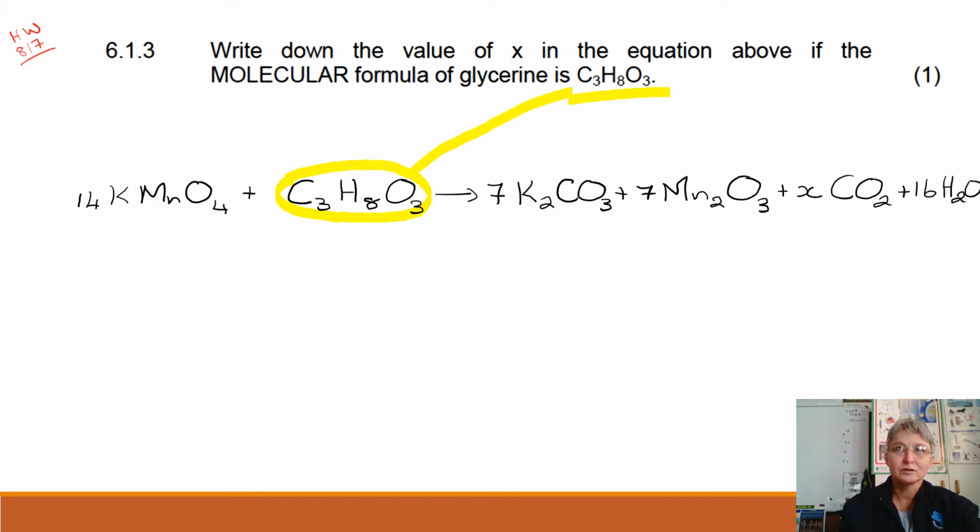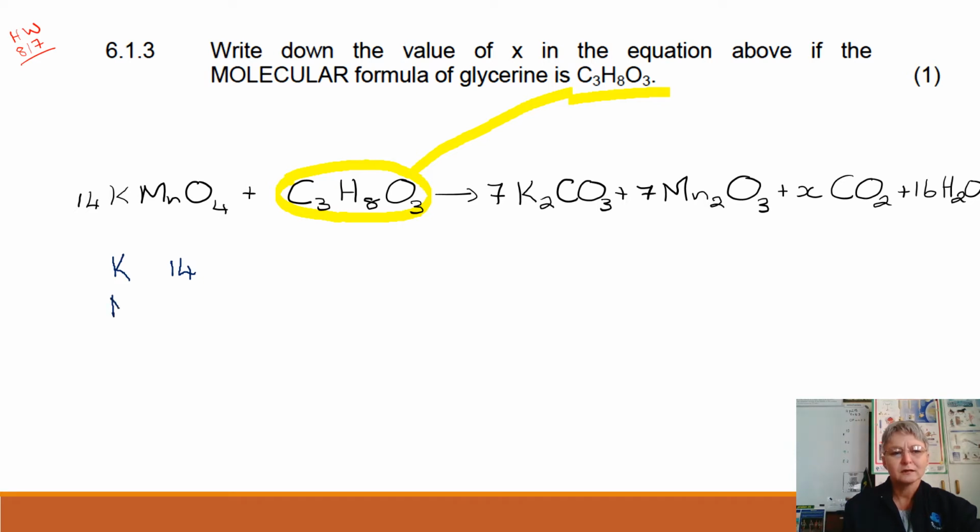So I'm going to do it in a primitive way, where we write down each element and how many atoms are present on the left-hand side of the arrow and then on the right-hand side of the arrow. At this point in time, we've got 14 potassiums on the left-hand side.